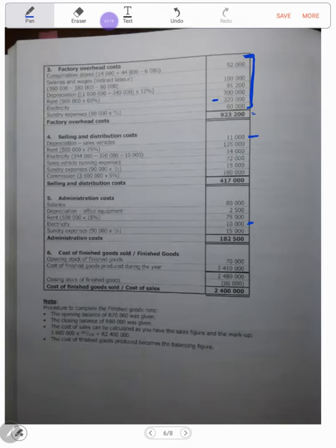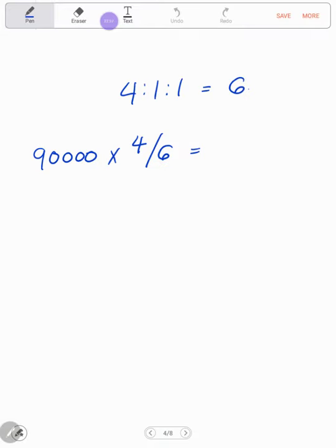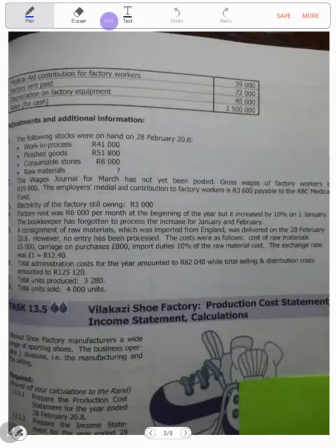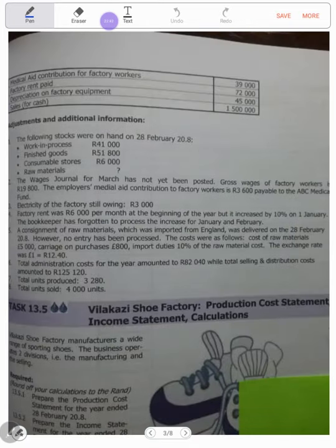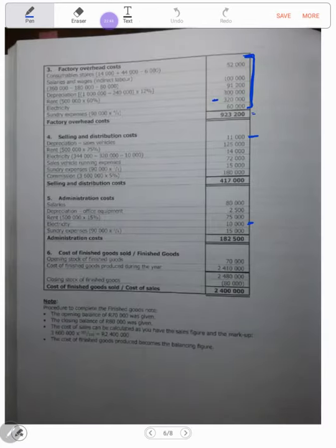All right, then we had sales vehicle running expenses. Where is that? Sales vehicle running cost is 72,000. Okay, so we're putting that down there, our 72,000.